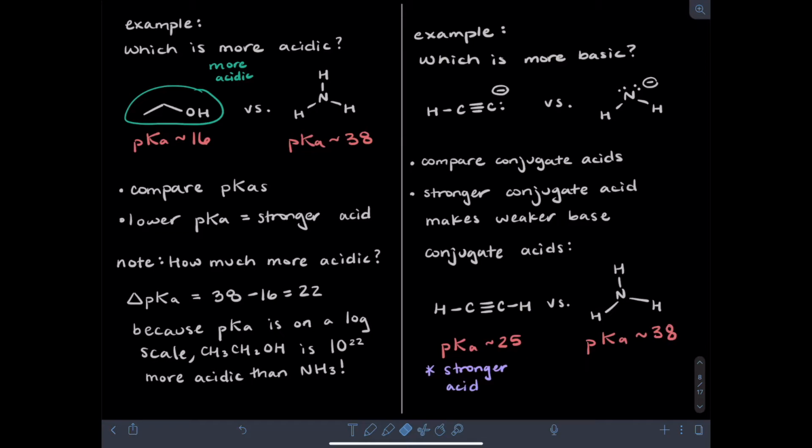Because the pKa of the alkyne is lower, it is the stronger acid. The stronger acid forms the weaker base, so I know my carbon anion from before is the weaker base, and I can conclude that NH2- is the stronger base from this pair.